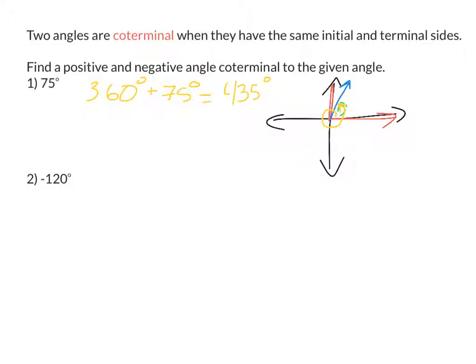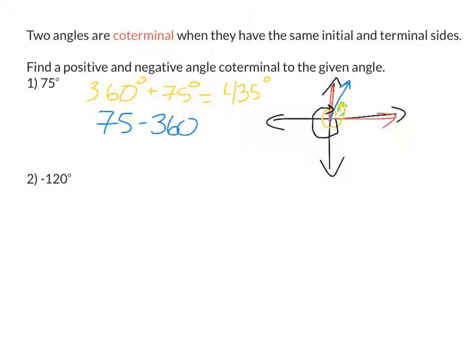If I'm going the other way, negatively, I will rotate downward instead. I almost went 360 degrees the other way, except for that 75 degree angle we had there. So I could take that 75 degree angle and take away 360 and figure out what that measure is.